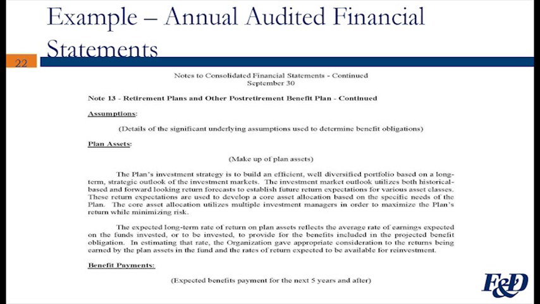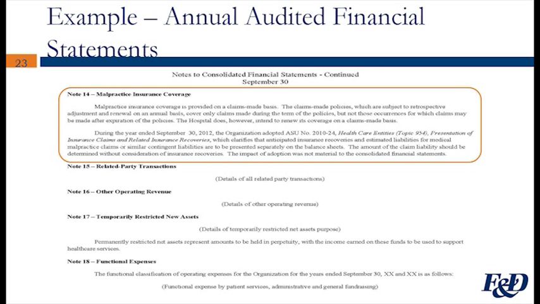It's a very intrusive footnote, but it can be accomplished by using the actuary's specialist valuation report that I discussed earlier. So while there's a lot of information in this footnote, it can be summed up pretty nicely using that specialist, the actuary that the organization would contract with to value their pension plans.